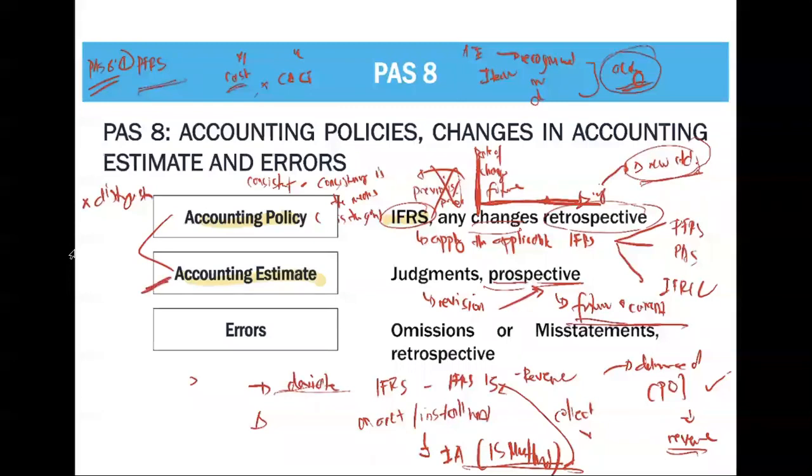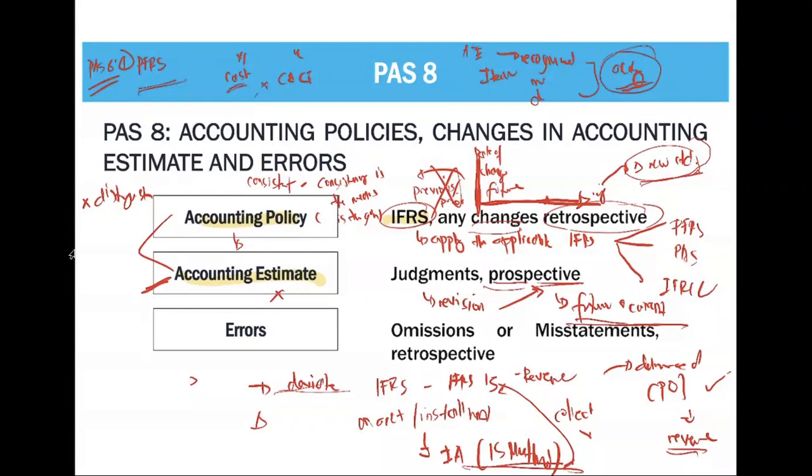Why? Because accounting policy has a more pervasive effect than accounting estimate. Why again? Because in accounting policy, you change all of the previous financial statements out of that accounting policy. So the change is so pervasive. The effect is too large.